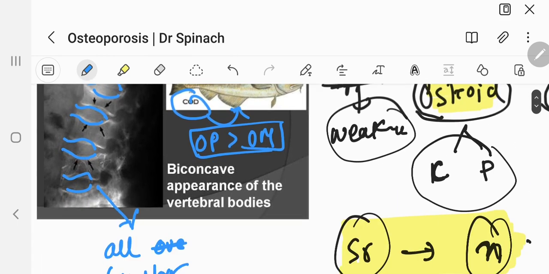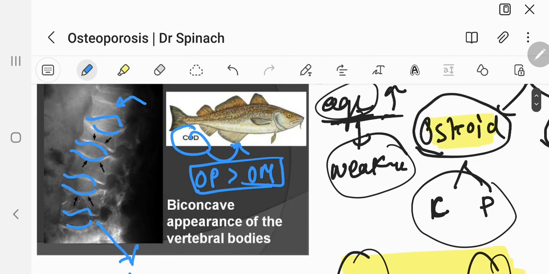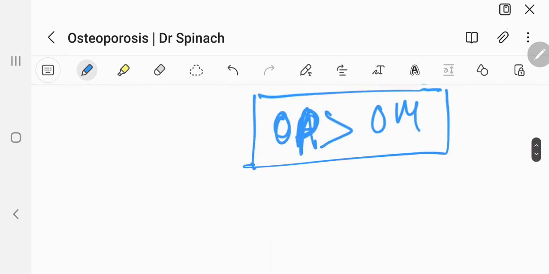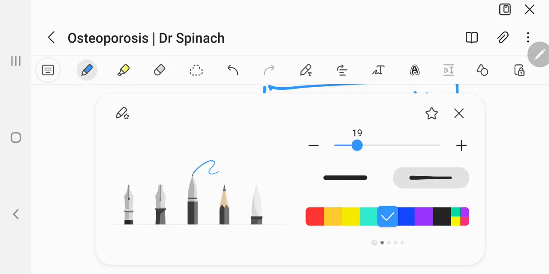So codfish vertebra can mostly be seen in the lumbar region, but it can also be seen along the whole curvature of the spine. Now apart from that, what is the next thing that you're going to do? Sometimes, codfish vertebra is very specific, right? So not in all patients are you going to see codfish vertebra.